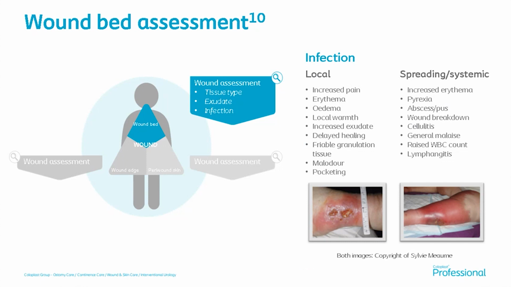And then we move on to slightly further on the infection spectrum, looking at spreading or systemic infection: increased erythema, patient having a temperature, have they got pus or an abscess present? Is the wound really starting to break down? Is the patient becoming systemically unwell? All things that should be considered as part of our wound bed assessment.